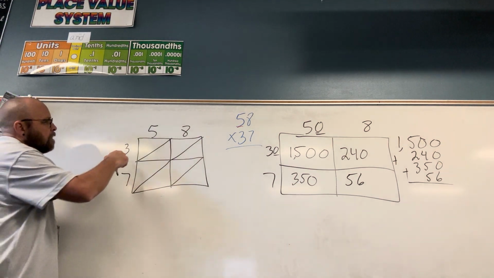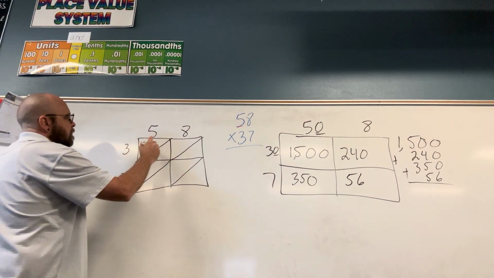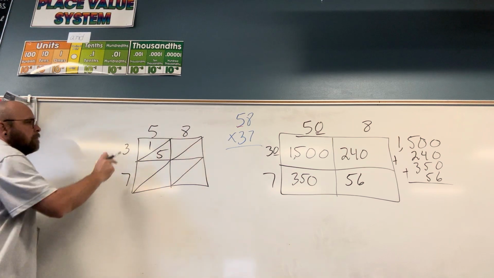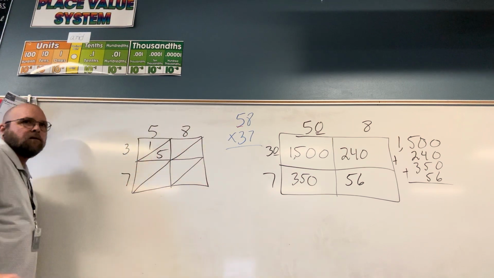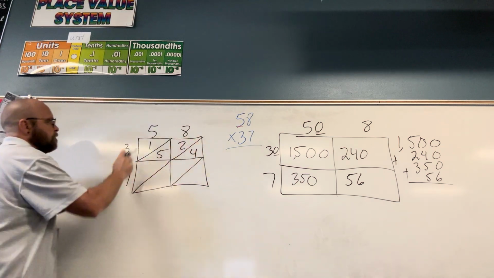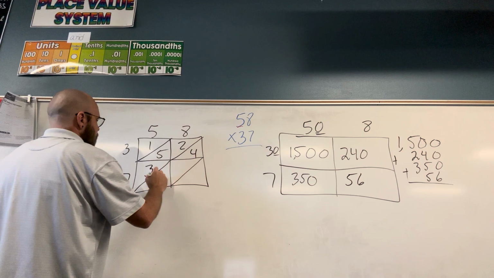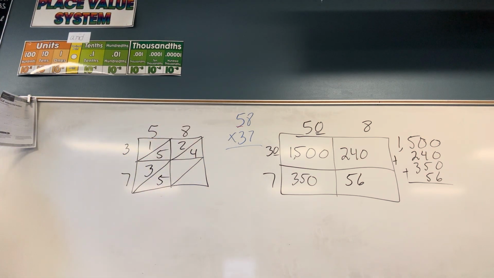Now, 3 times 5 is 15. Tens place, ones place. 3 times 8 is 24. Tens place, ones place. 7 times 5 is 35. 7 times 8? 56.